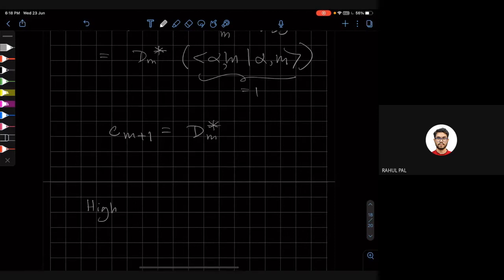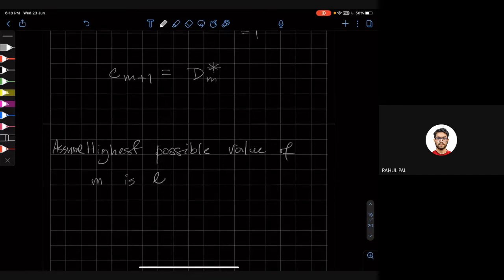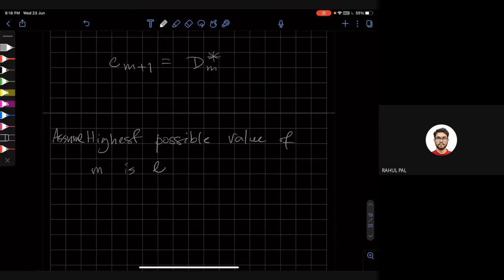Assume that this is L. The state with the highest possible value of m is alpha L, and if I try to increase that value of L, what should happen?